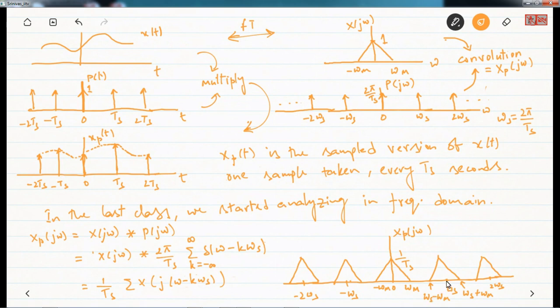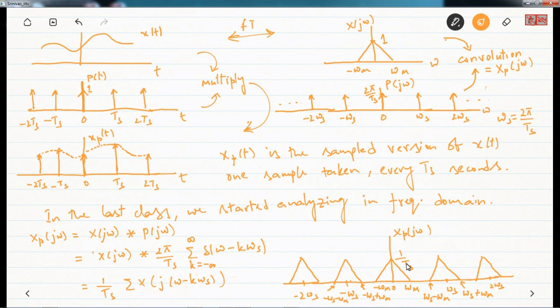Because from omega s it will be minus omega m, it will be plus omega m. Similarly here, this point will be minus omega s plus omega m, and this point here will be minus omega s minus omega m, right?